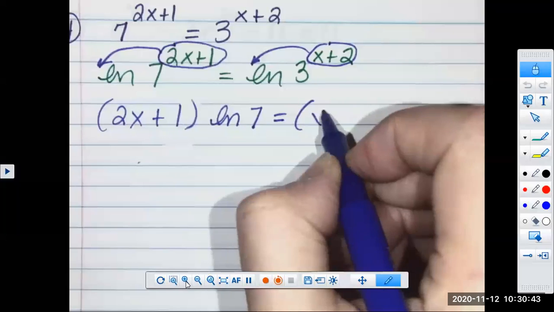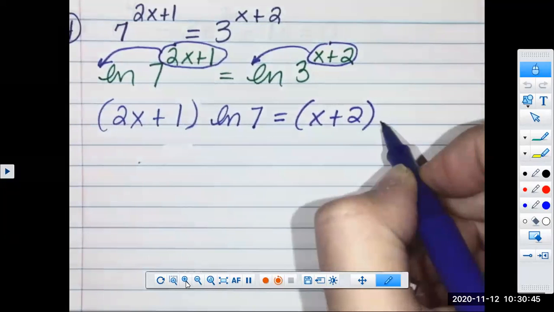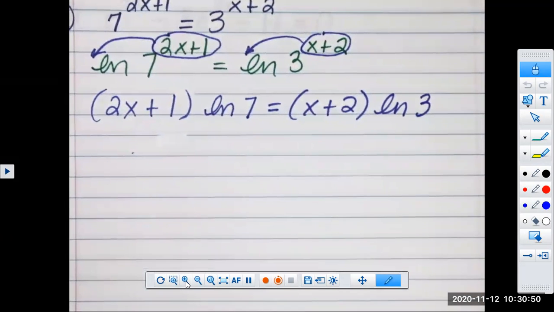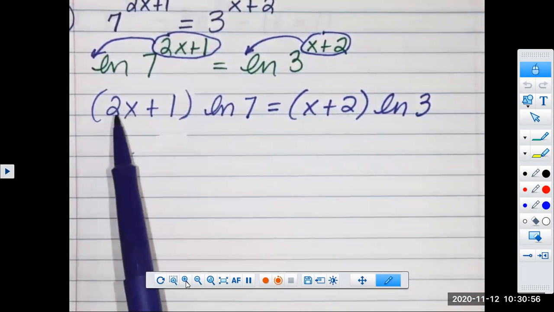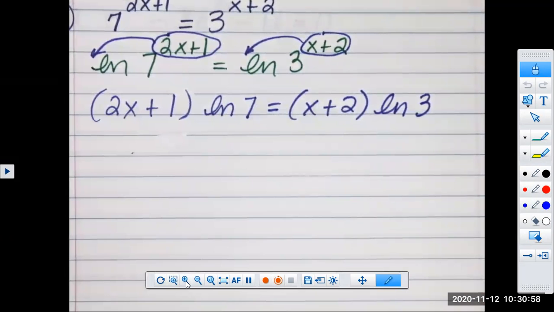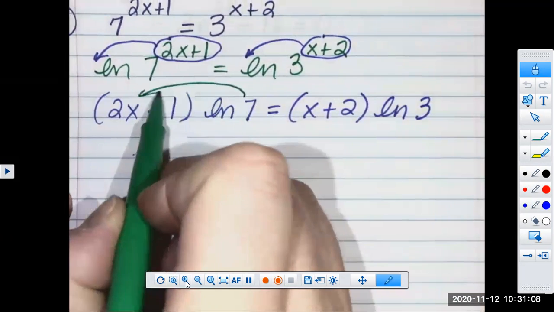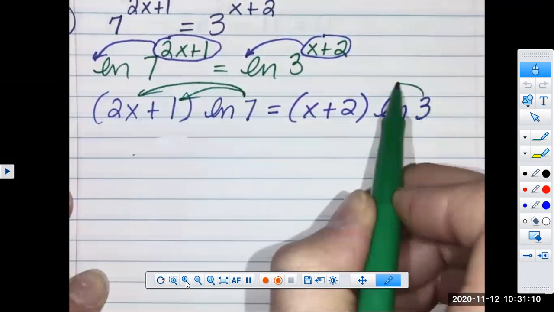You have x plus 2, all of that getting multiplied to natural log 3. Okay, we're trying to solve for x, and you have an x on both sides, and they're both multiplied to natural logs of some value. What you need to do in this case, you have to distribute natural log of 7 and natural log of 3.